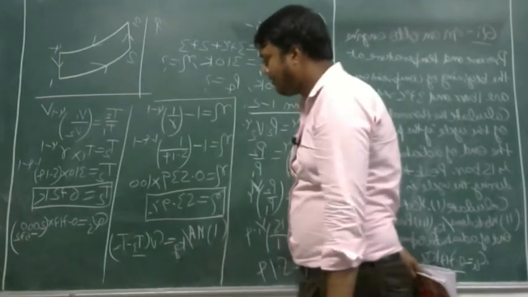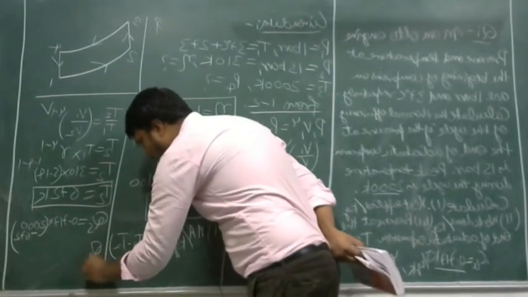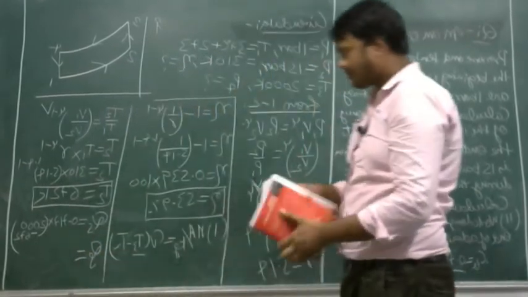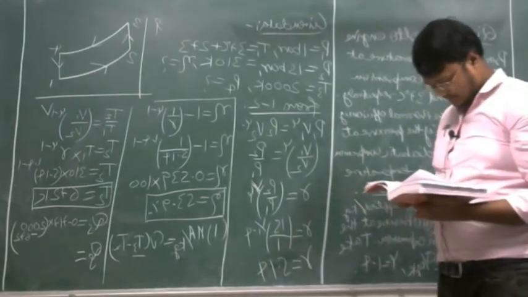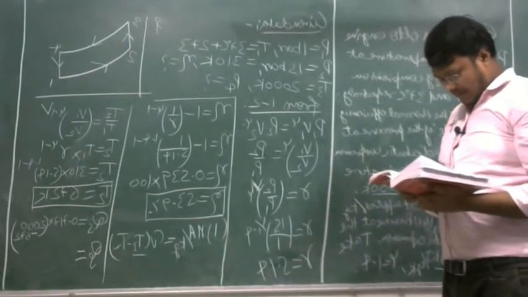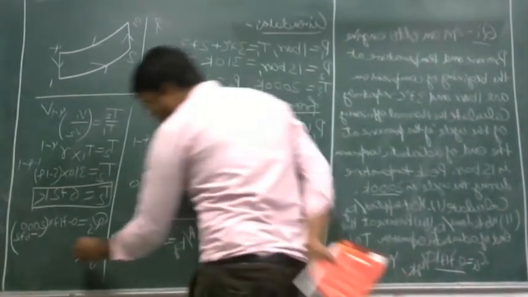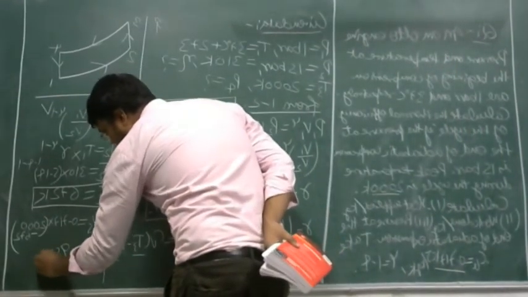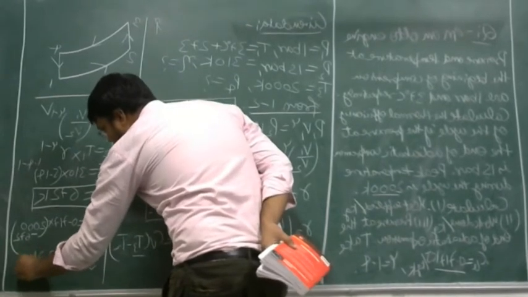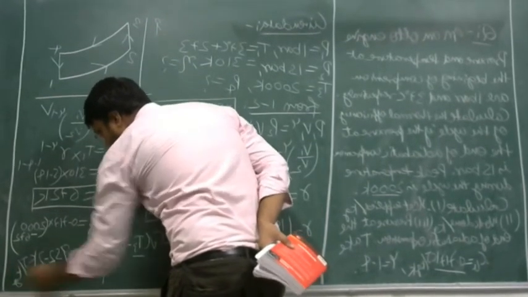After calculation, Qs will become equal to 952.2 kilojoule per kg.